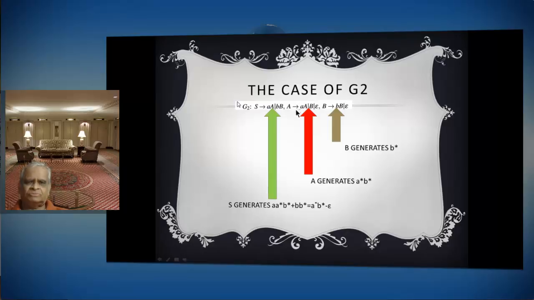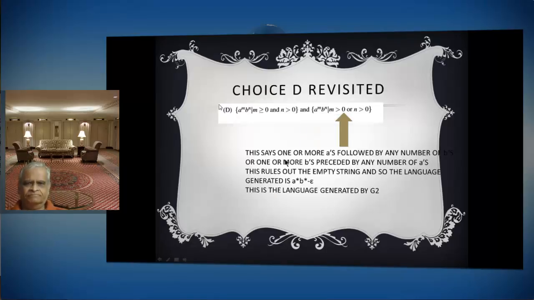The case of D2. Here in this case of D2, what does D2 generate? This generates A star, this generates B star. So language generated therefore is A star, B star minus epsilon. Epsilon is not there in the language generated by it. Because we are compulsorily going to have at least one A or one B.